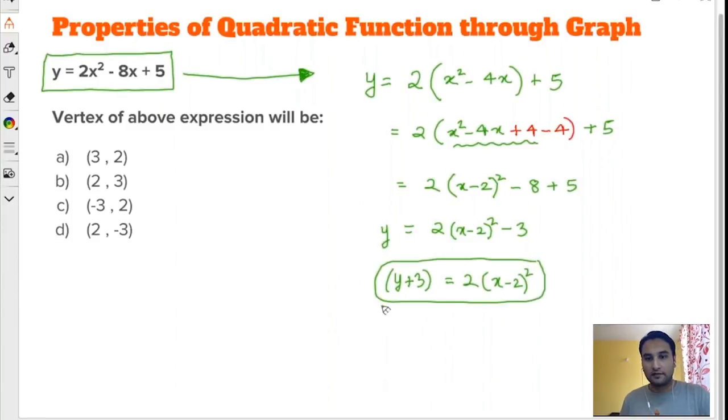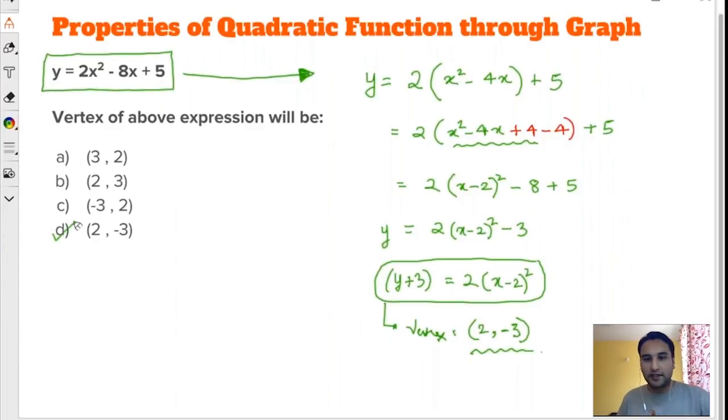What is the vertex? The vertex now becomes, because of x minus 2, 2, but because of y plus 3, y plus 3, so the shift is down, minus 3. Got it?